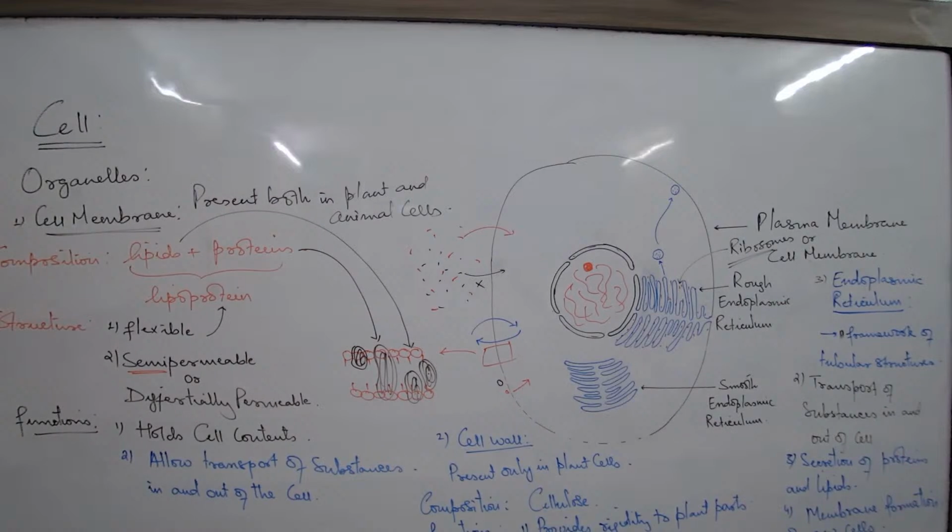Third point, you write their location. For RER: present in large numbers in muscle cells.